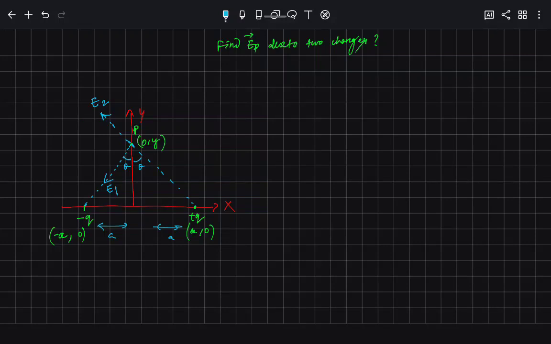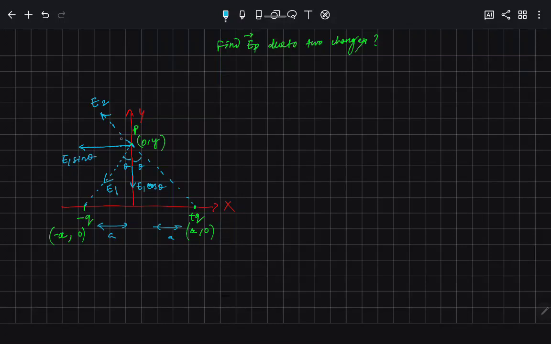Along the minus z direction, this will be E1 cos theta, and along this direction, E1 sin theta.